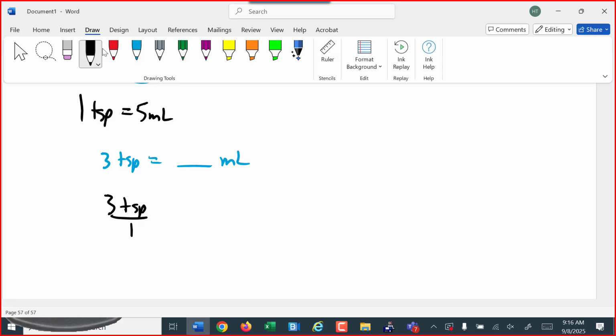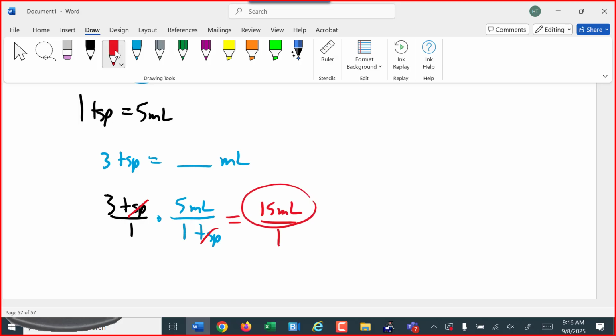Put the 3 teaspoons over 1. We'll put teaspoons on bottom so they cancel out. 1 teaspoon is 5 milliliters. Teaspoon cancels out, and on top, 3 times 5 milliliters is 15 milliliters. And on bottom, 1 times 1 is 1, so that's just 15 milliliters.